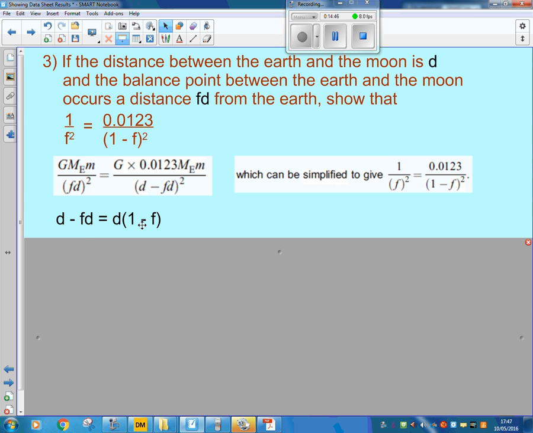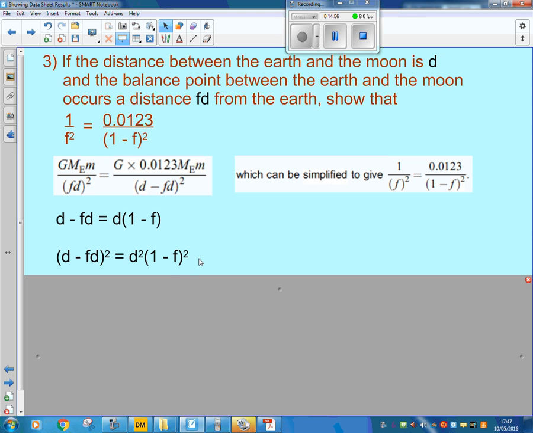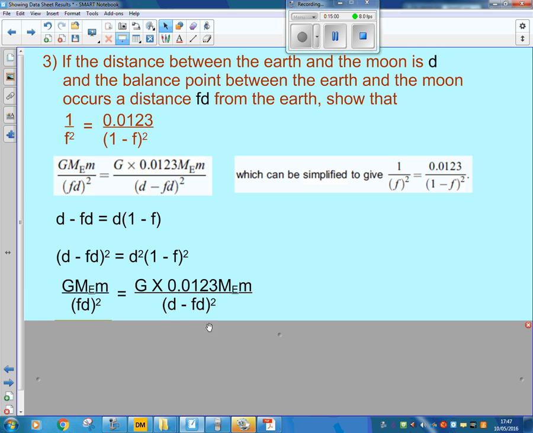Now that means that if you've got d minus fd all squared, then that is going to be this squared. So it's going to be d squared times 1 minus f all squared. Now let's look at what we're told. We know that this is the same as that.